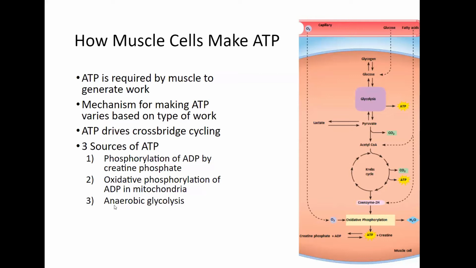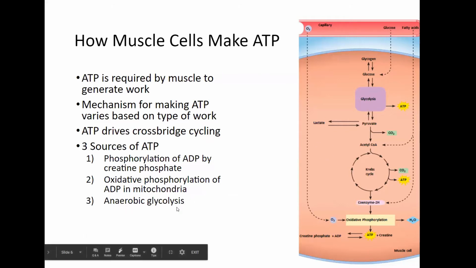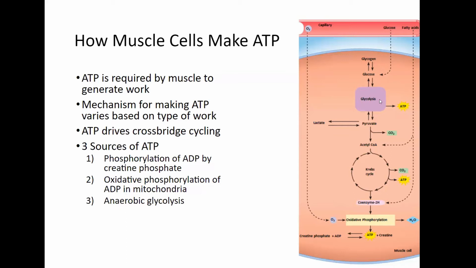Our less efficient way of getting energy that we discussed when we were talking about respiration was anaerobic glycolysis. So remember right at the beginning here of this whole process, we break down glucose, we split it in half, we do this cleavage step, and we get ATP as we're splitting up that glucose into 2 parts. We remember that we only got 2 ATP on net, so this wasn't super efficient, but the useful thing about glycolysis is that we can run it in the absence of oxygen.